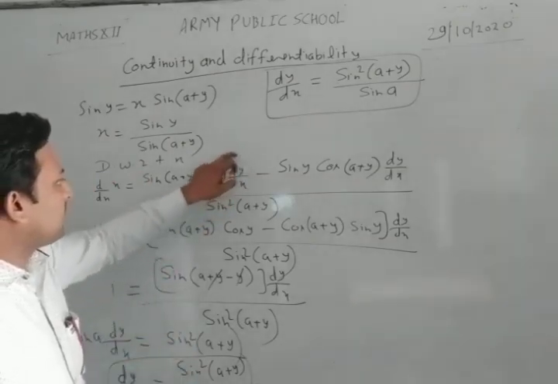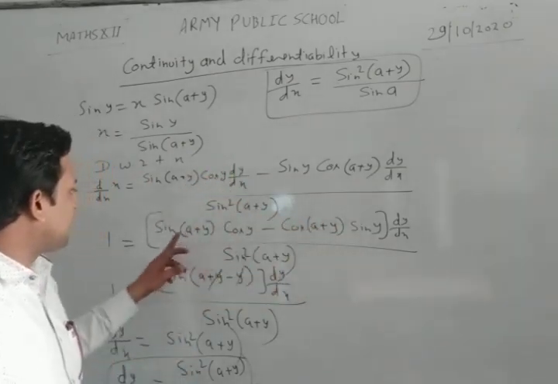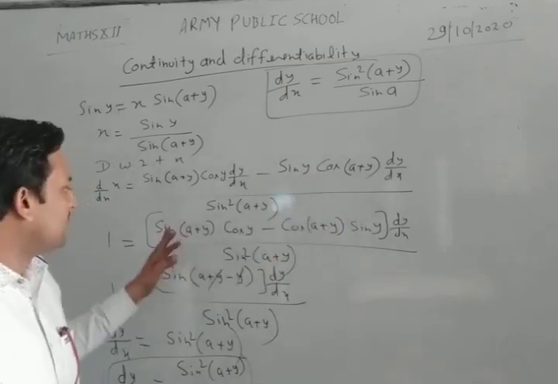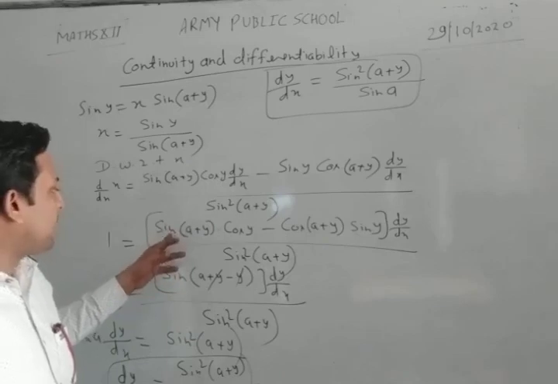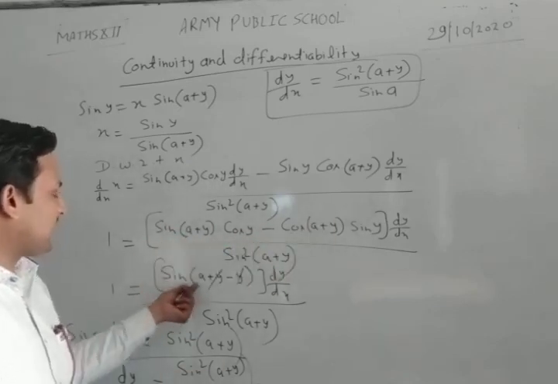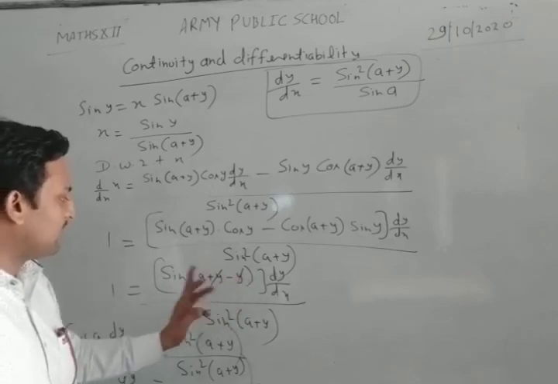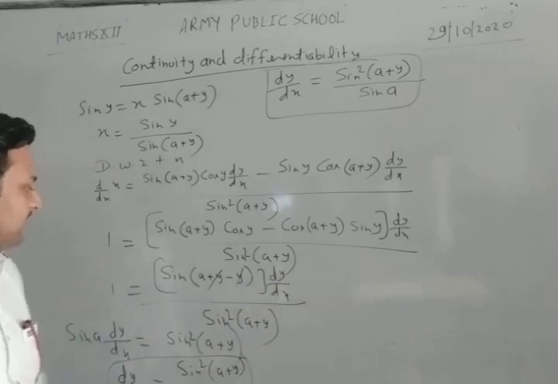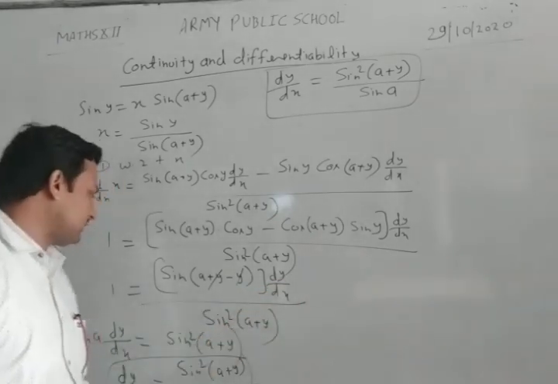So we take dy by dx outside, we get sin(a plus y) cos y minus cos(a plus y) sin y. This is the identity of sin a cos b minus cos a sin b. The identity will be sin(a minus b), so with y and y we get sin a, and this will be dy by dx, and here sin square(a plus y).